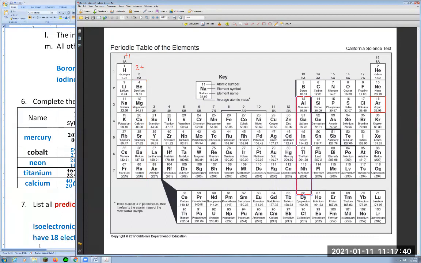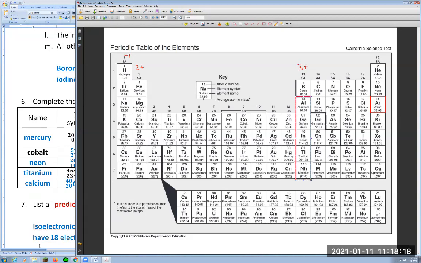Another one that you can predict is group 3A, but only the metals: aluminum, gallium, and indium. They become 3+ ions because they are still metals, and metals like to lose their valence electrons. They lose their 3 valence electrons to be like the previous noble gas. From the metals, those are the only ones that are predictable.